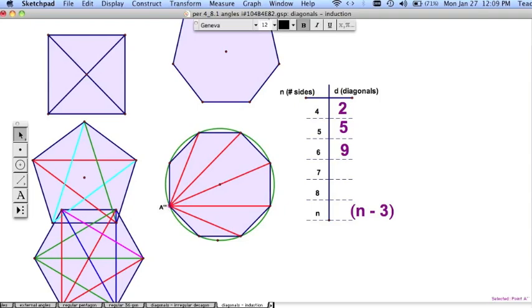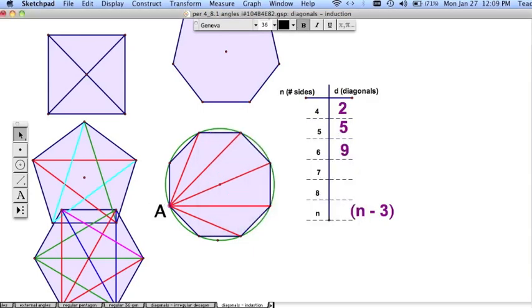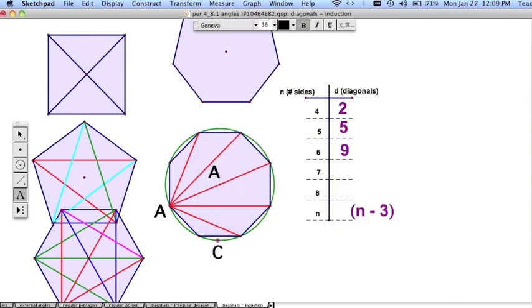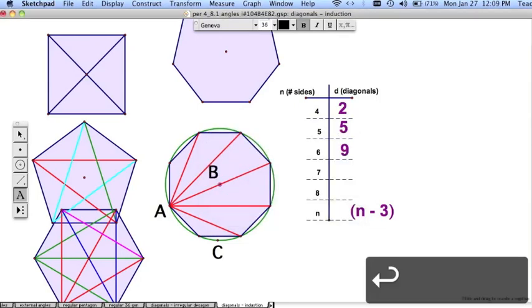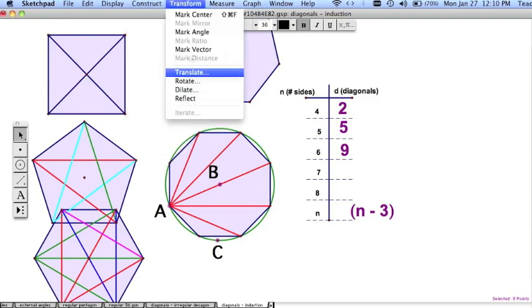This says A prime. I'll make the text bigger. I'm going to call this A, and I'm going to call my free rotating point, it can't be A, I'm going to call it C. And I'm going to label the point in the center B. So I want you to mark an angle, A, B, C. Go to transformers, mark angle.